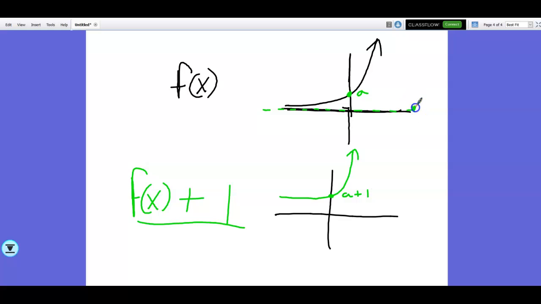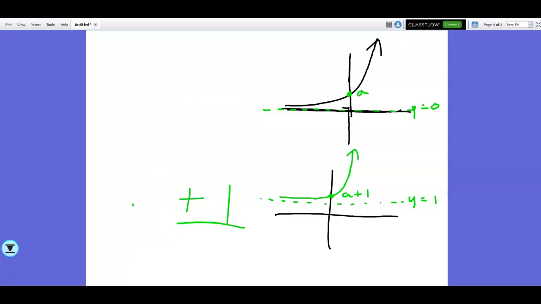This used to be y equals 0, but now it's going to be y equals 1. So when you add a number to your exponential function, that affects 2 things. It affects your asymptote and also your y-intercept.